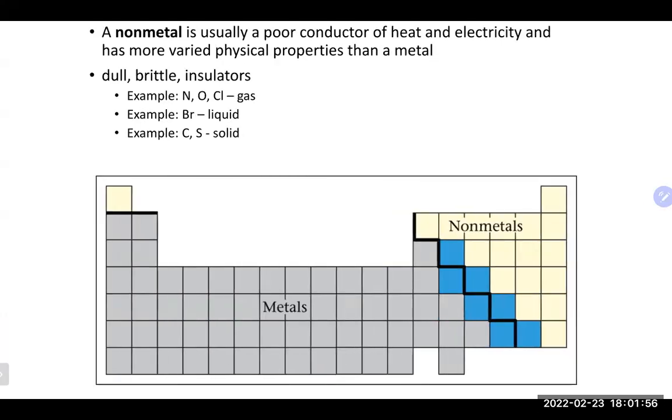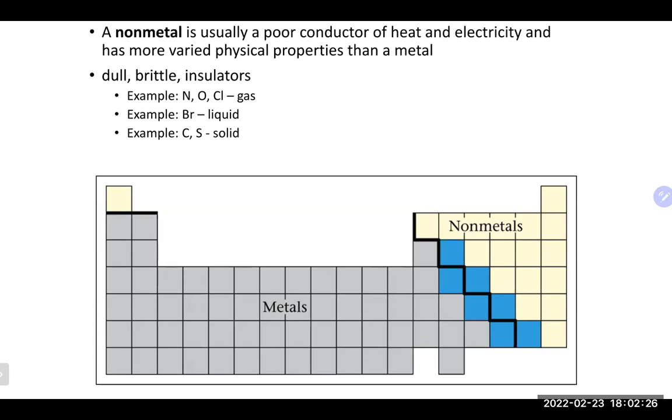Now, non-metals do have different characteristics, obviously, than metals. They are pretty much the opposite. They're bad conductors of heat and electricity. They also have a more varied state at which you can find them. They're usually dull and they're brittle. They're used for insulators a lot of times. So for example, things like nitrogen, oxygen, chlorine, as you guys said, hydrogen as well, those guys are gases under normal conditions.